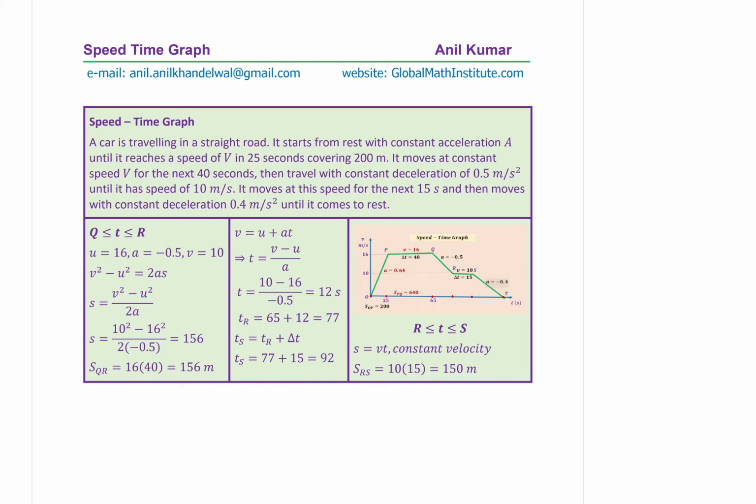We are going to use this information to find the duration and the distance traveled. First, v squared minus u squared is 2as. We can rearrange and write the displacement as v squared minus u squared over 2a. Substituting the values, we get the displacement as 156.